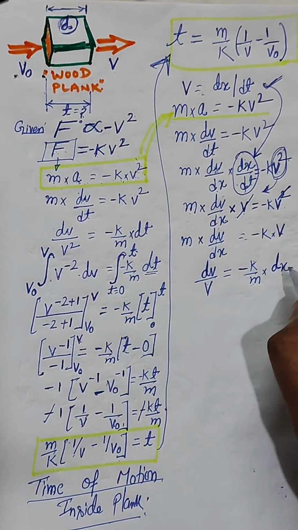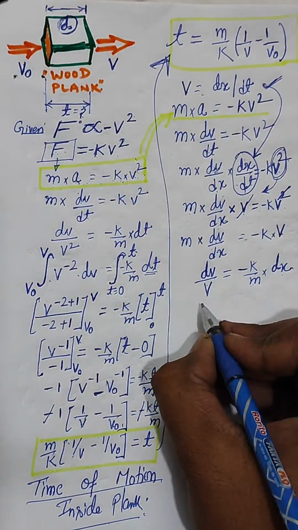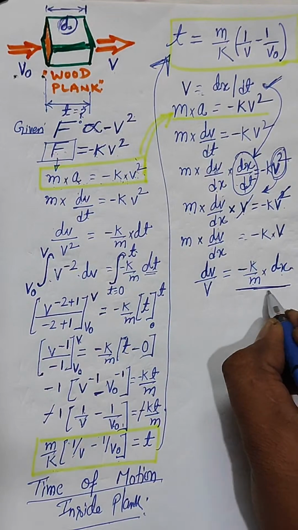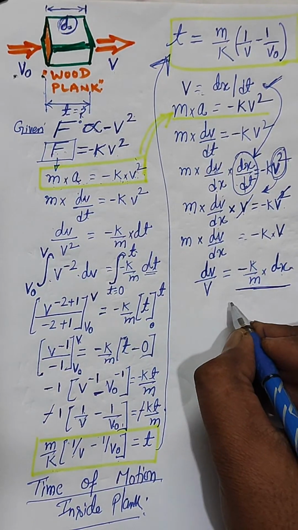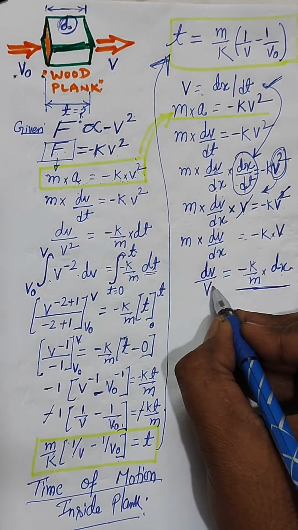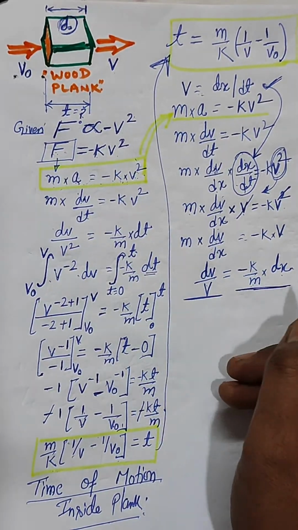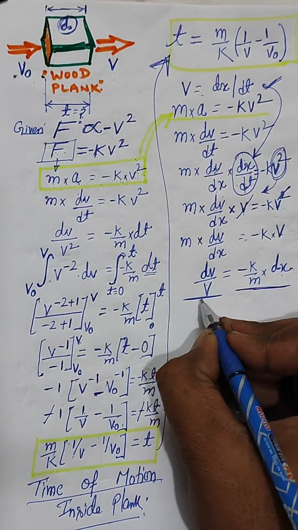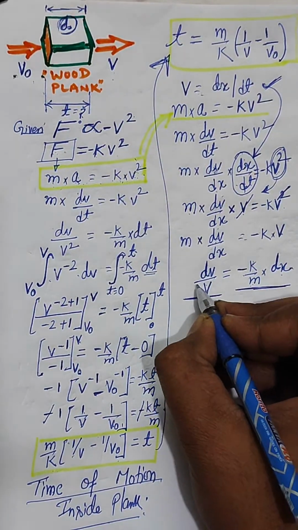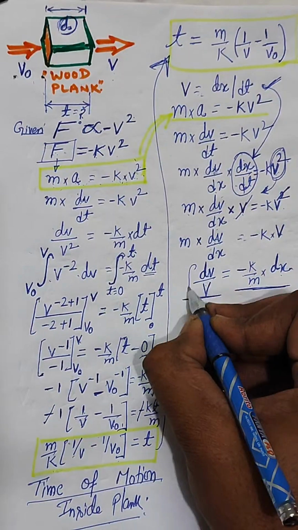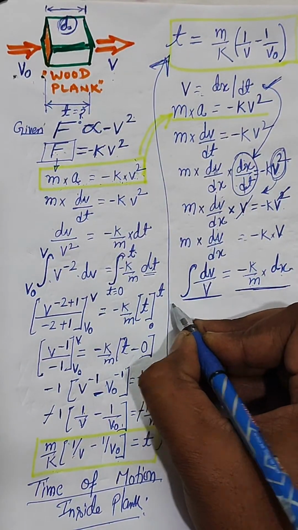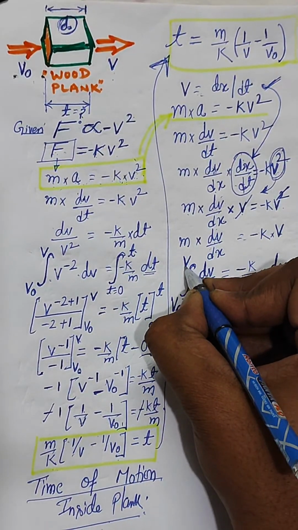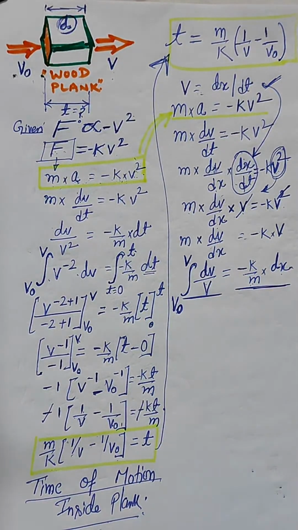So from here, what we can write is that x is varying from 0 to d, and v is varying from v0 to v, right? So when we integrate it, v0 to v will be the lower and upper limits.